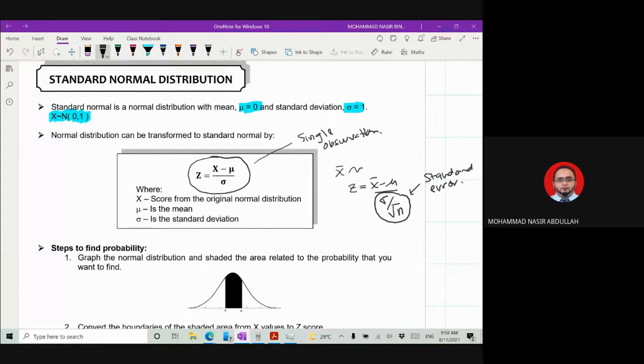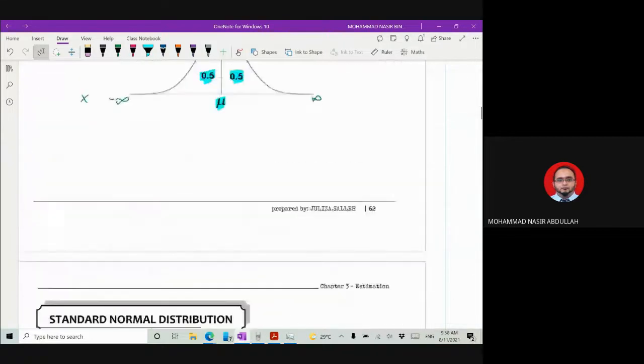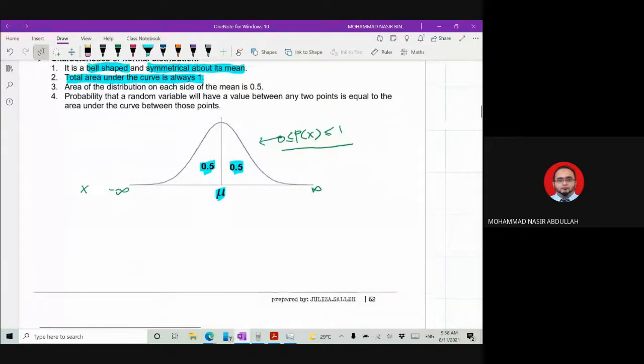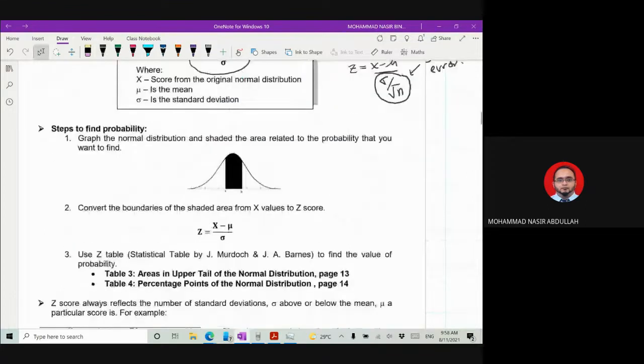Now let's look at the steps to find the probability value in the standard normal distribution. As I said before, the normal distribution is measured using a probability value, which should lie between 0 and 1. It cannot be negative and it cannot exceed 1. This is the rule of probability.